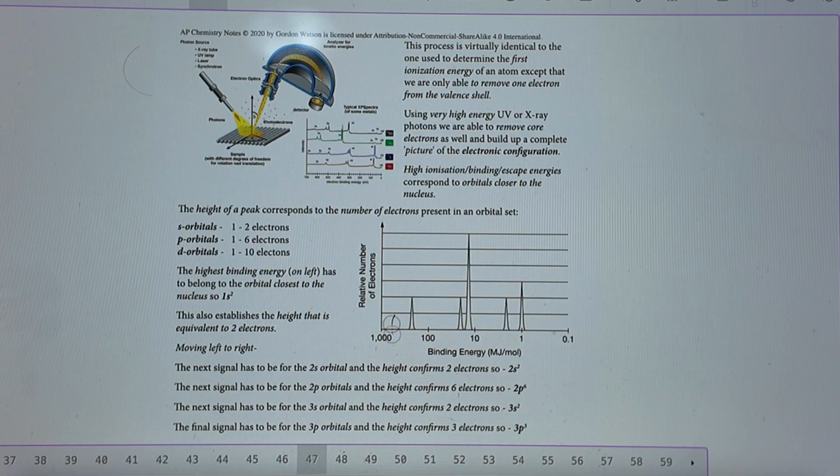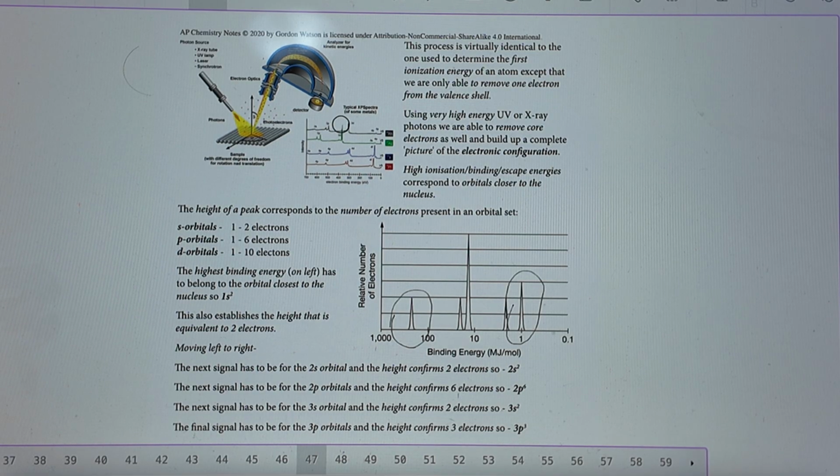This peak here has much more binding energy than this peak here, because its binding energy, as you see here, is much greater.